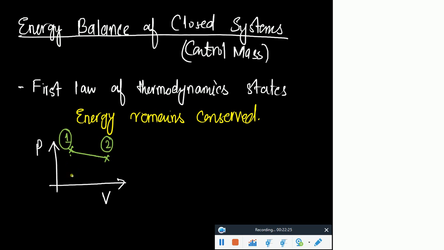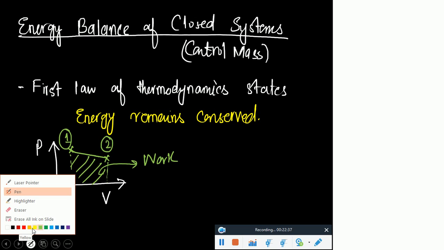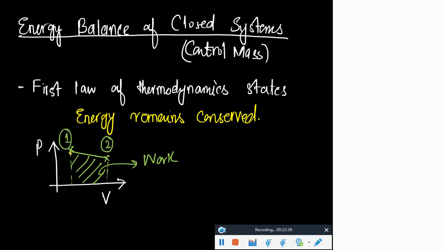This is the area under this curve which defines work. That's what we talked about. You remember that? Now let's talk about something else. All of these points have been gone through by the system, isn't it? If I talk about this point, I just consider it as a quasi-equilibrium point, and all of those points have been gone through by the system.